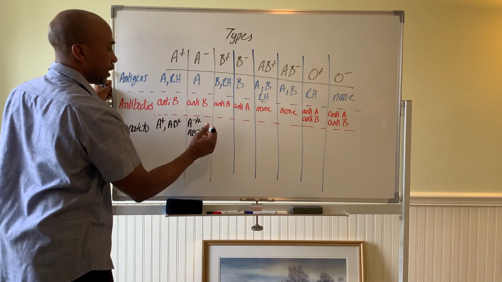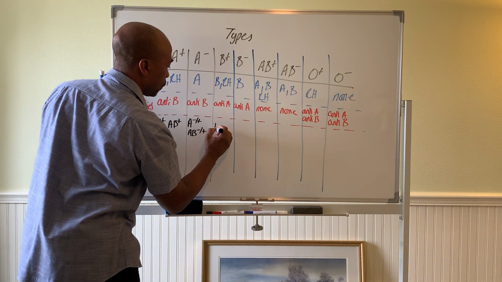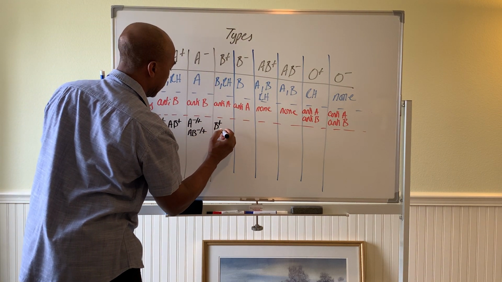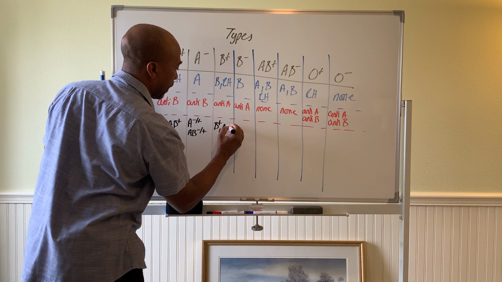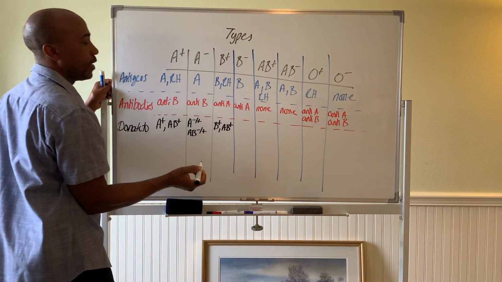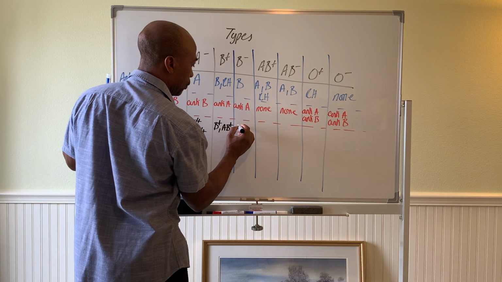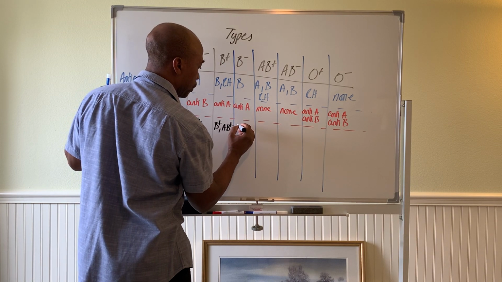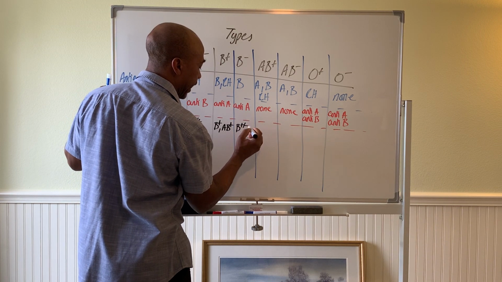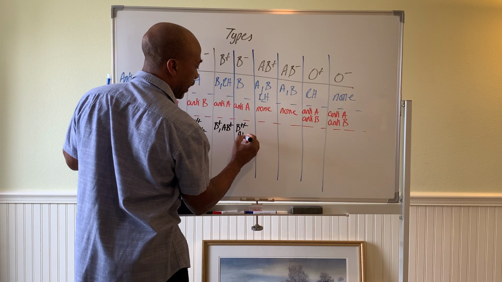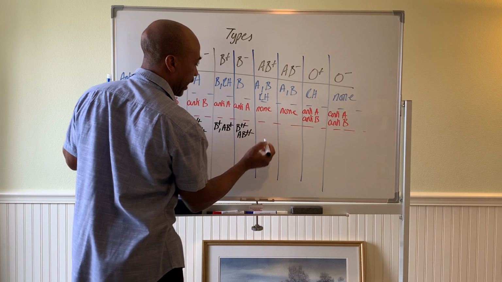Then for the B positive, you can donate to B positive and again to the AB positive. For B negative, you can donate to both versions, to your B positive and negative, and to your AB positive and negative.